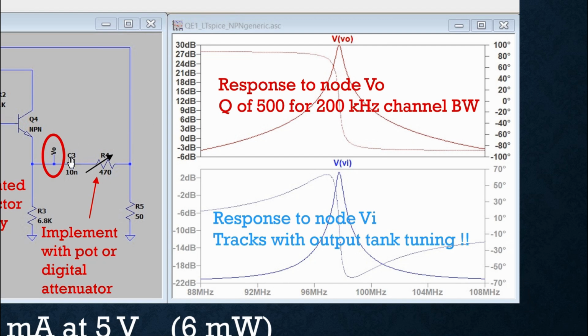So the response to the output node is shown in the red curve. This curve right here is just phase, so ignore that. So the amplitude, or the magnitude in dB, of the voltage gain is here in the red curve. Now, it says VO is 30 dB, so why am I calling that the voltage gain?